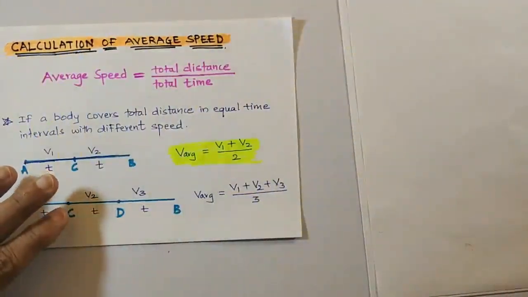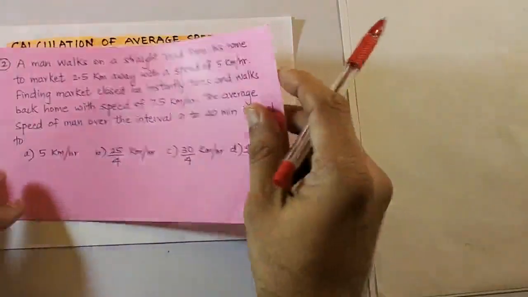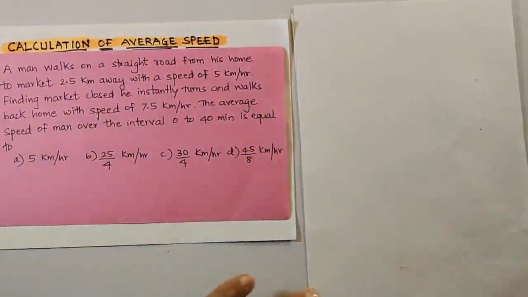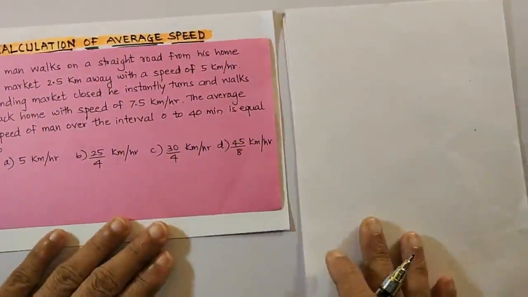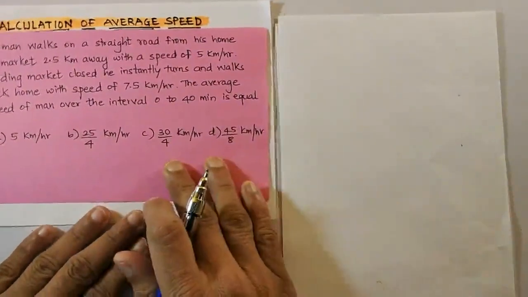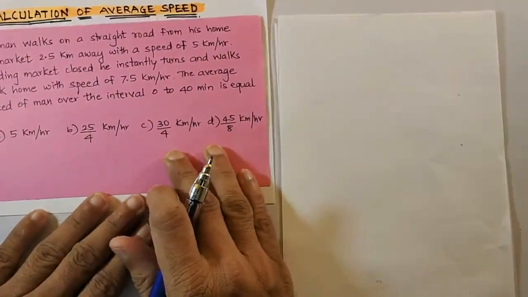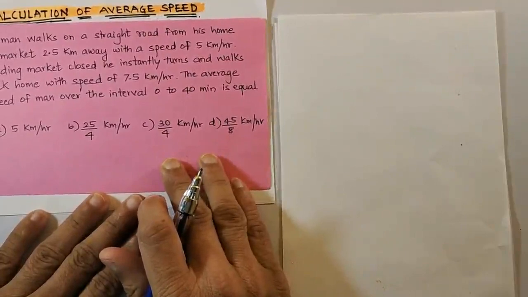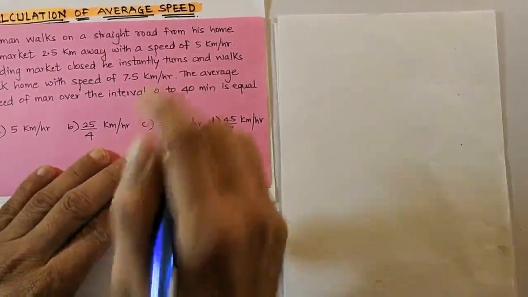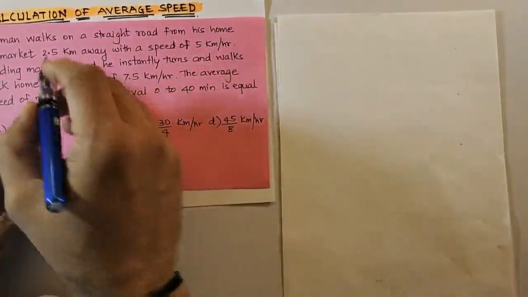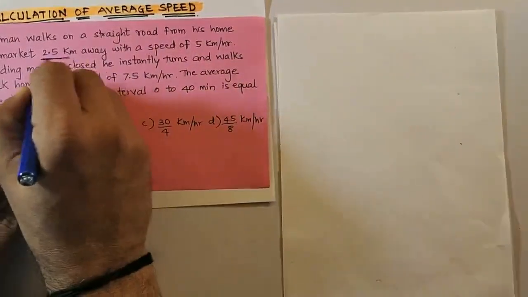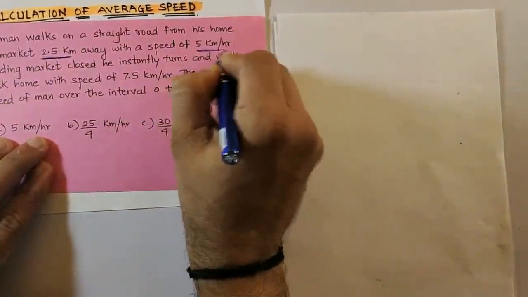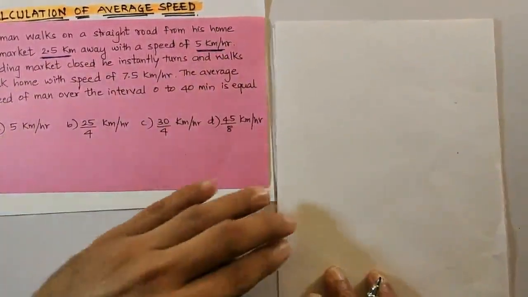Now if I take second one, a man walks on a straight road from his house to market 2.5 kilometers away with a speed of 5 kilometers per hour.